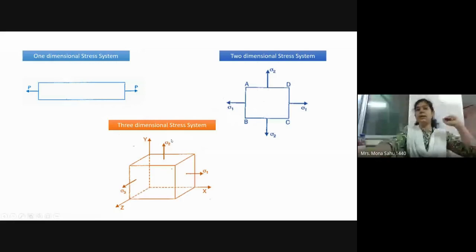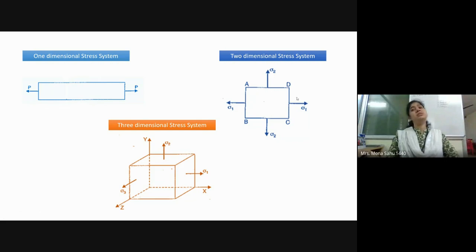Now this is a one-dimensional stress, where load is acting only on this surface, that is the cross-sectional surface of the load. Two-dimensional stress: you have a body similar to this, but you'll have another force in the direction perpendicular to the first force. So you have stress in this direction as well as stress in the opposite direction.